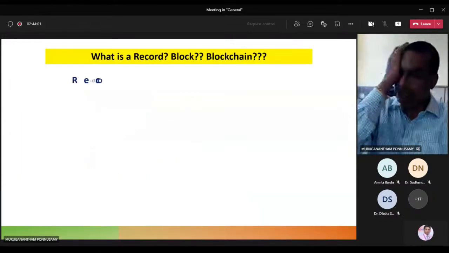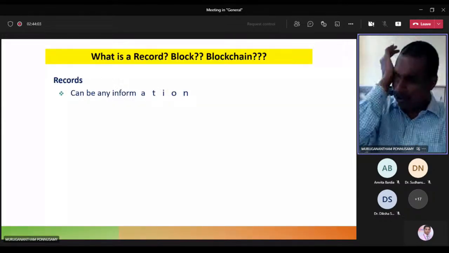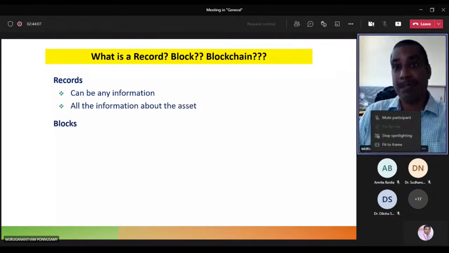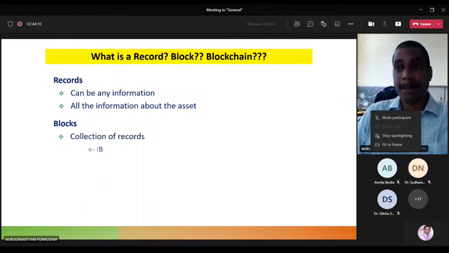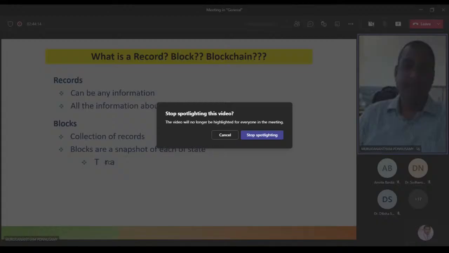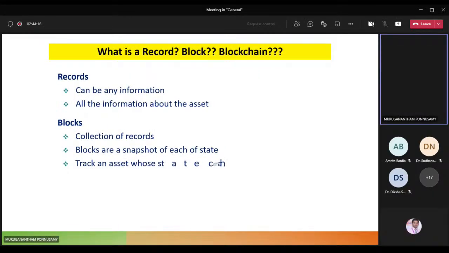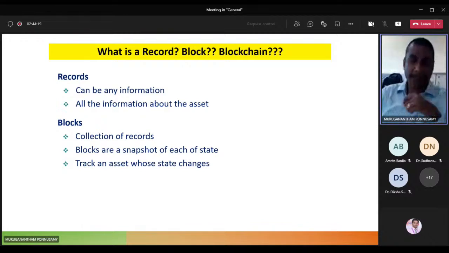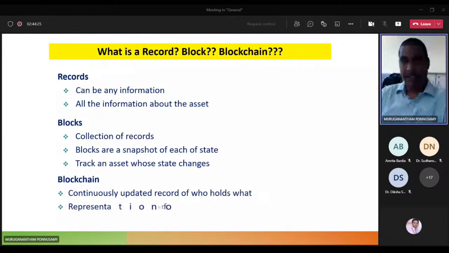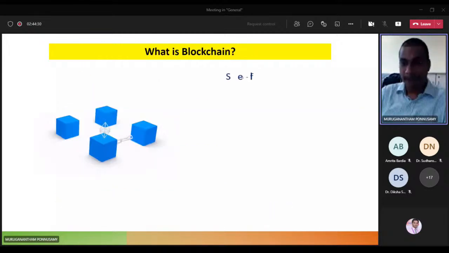Second thing, a common word in the last decade that we are using, and a familiar term for you people: records. Any type of information. A person X having a bank account in bank Y in his name and his family member's name as a joint account.